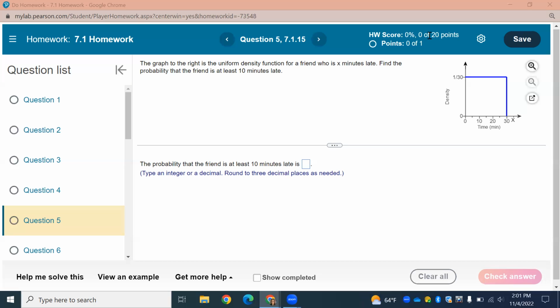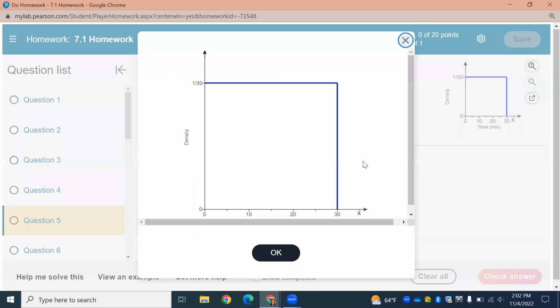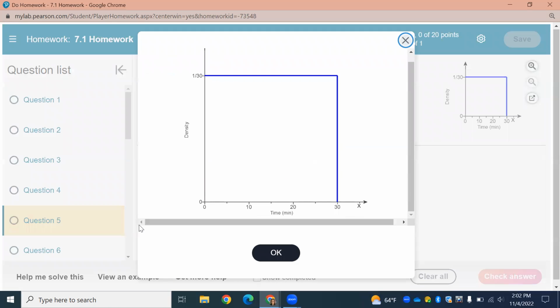The question says, the graph to the right is the uniform density function for a friend who is X minutes late. Find the probability that the friend is at least 10 minutes late. The graph has an X and Y axis.